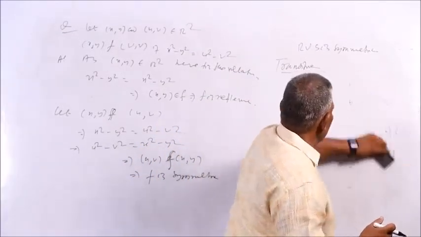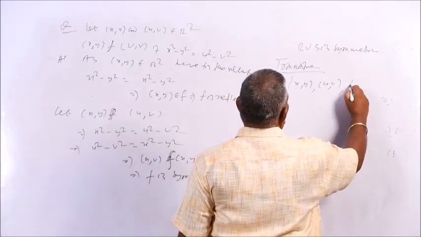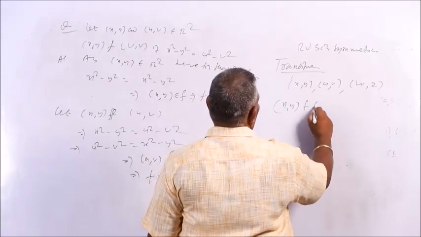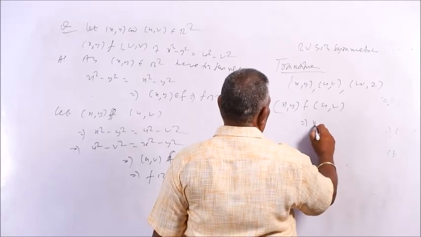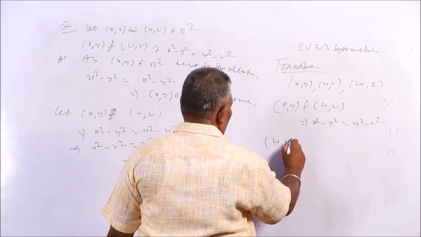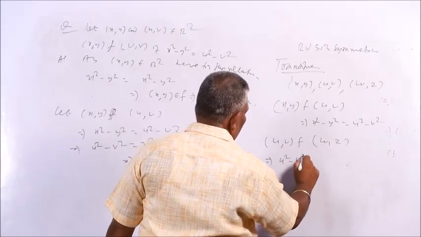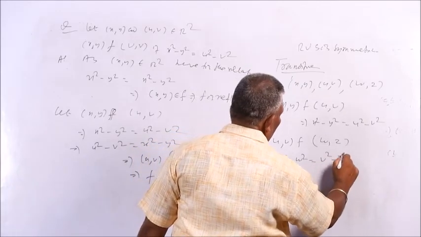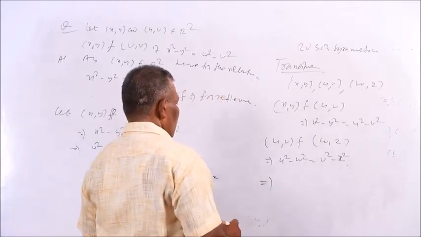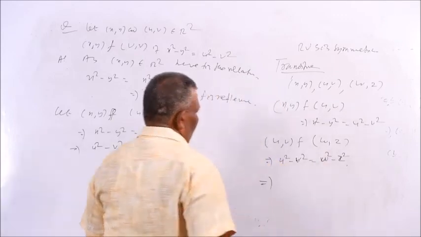For transitive, take (x, y), (u, v), (w, z). Let (x, y) be related to (u, v), implies x square minus y square equals u square minus v square. (u, v) related to (w, z) implies u square minus v square equals w square minus z square.